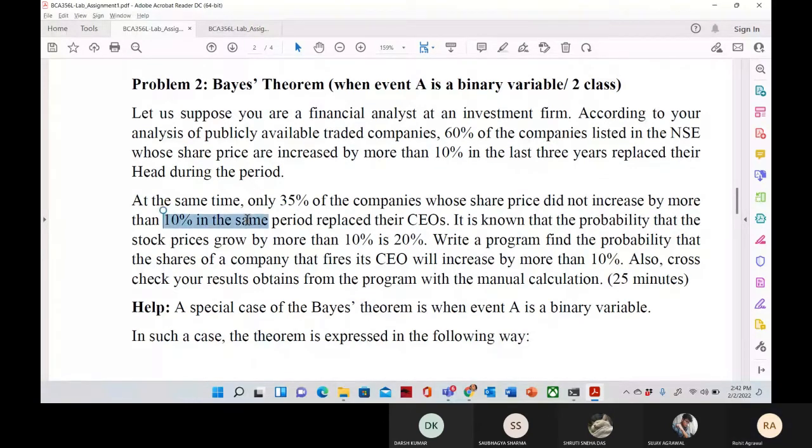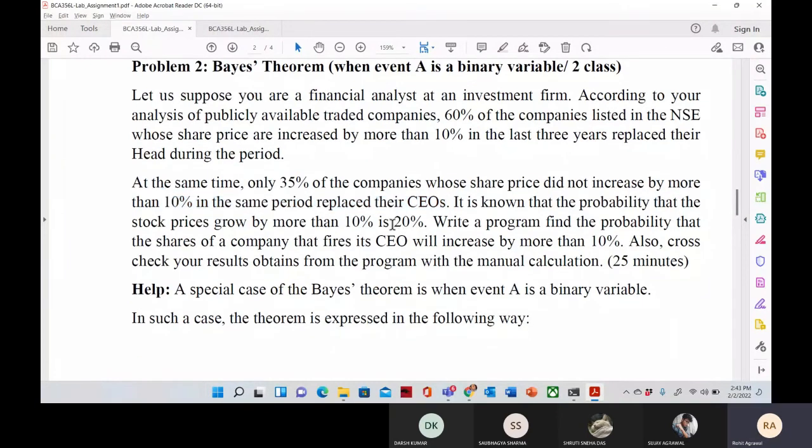And it is known that the probability that the stock price grows, and the same thing they have given, replaced their CEO or replaced their head. Sorry, there is a typing mistake. Both should be head or both should be CEO. I will update this.